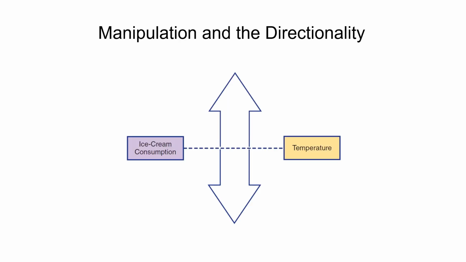So again, we've got the manipulation and directionality. When we look at it here, let's say we're measuring ice cream consumption and temperature.